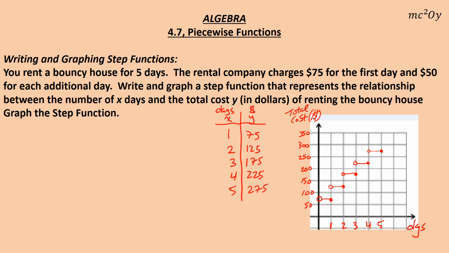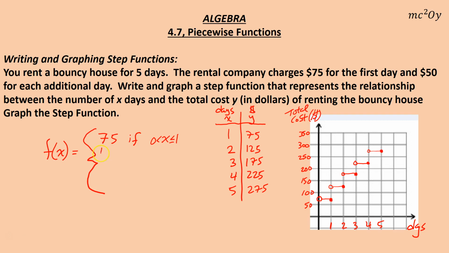Now, in terms of writing this, we'd have f of x is equal to, and I'm going to put a humongous bracket. I know it's equal to 75 if the number of days x is greater than 0, but less than or equal to 1.